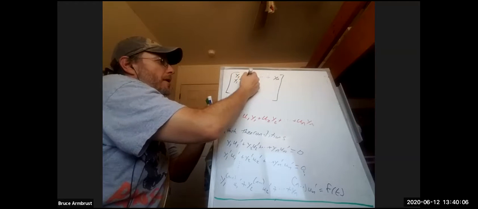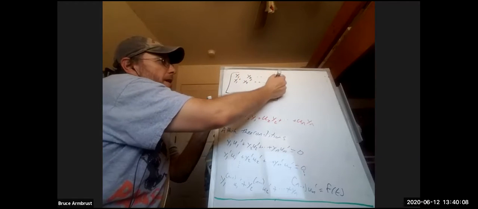All right, so what this does is the same thing it did last time, which is create a matrix equation. This is a system of equations. The unknowns are the ui primes. They are part of every equation. And so if we turn that into a matrix equation, what we see in our matrix is y1, y2, all the way down to yn. The next row is y1 prime, y2 prime, all the way to yn prime.